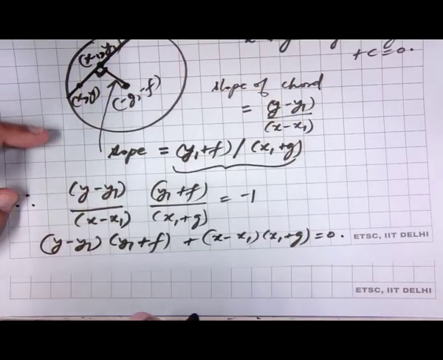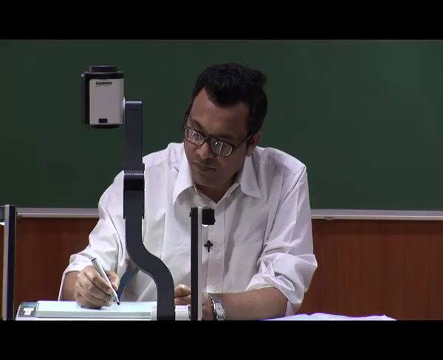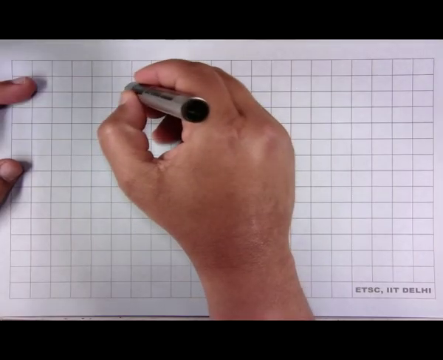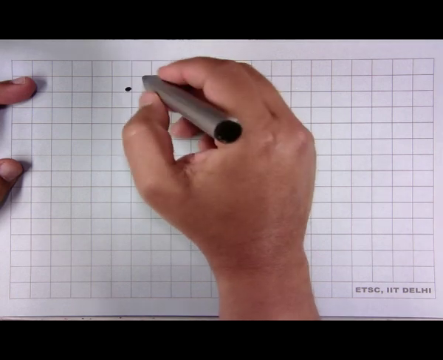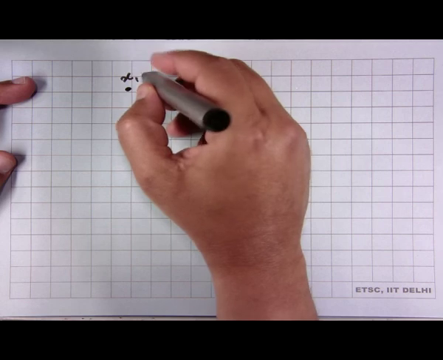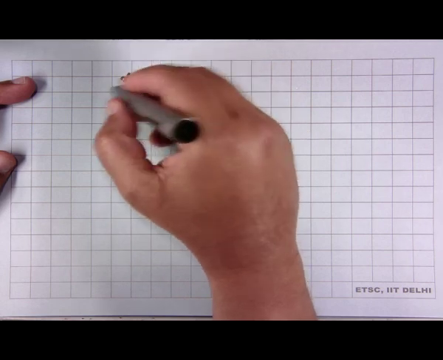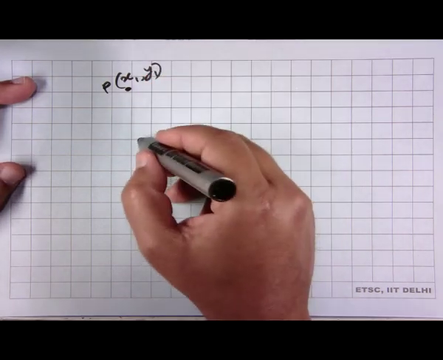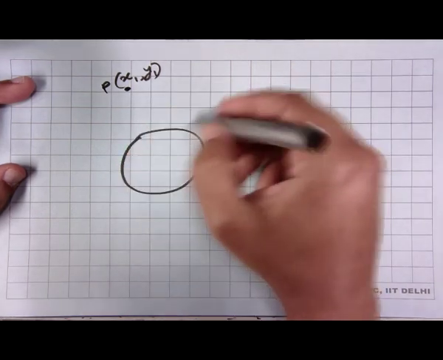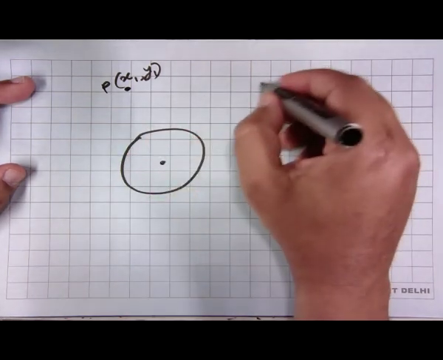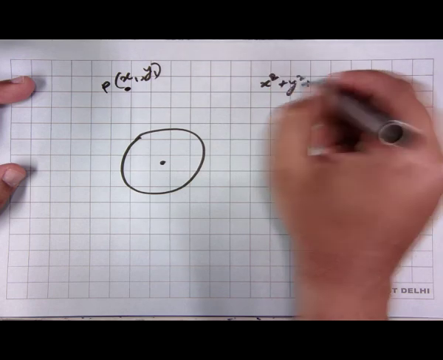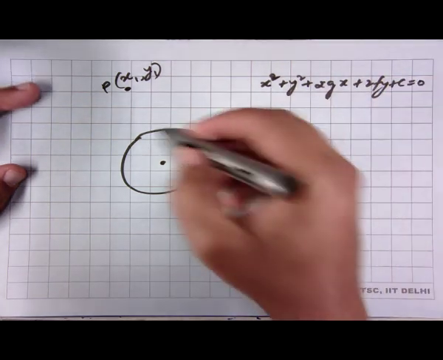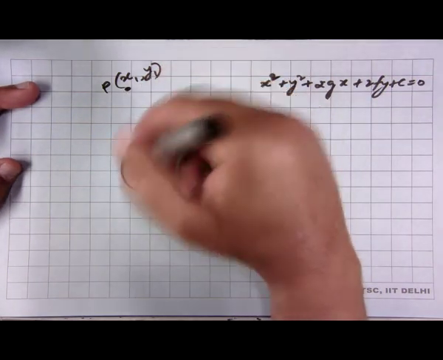So, next we are interested in finding the equation of the chord of contact. Let us say we are given a point P having coordinates x1 y1 and a circle whose equation is also given to us. Let us say that this point P is outside this circle.